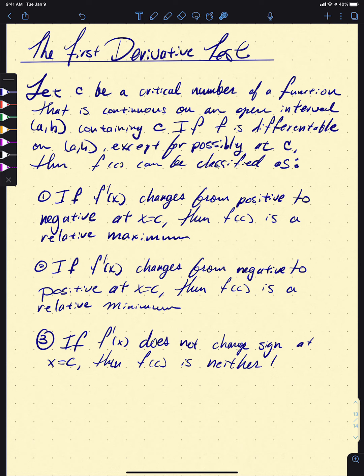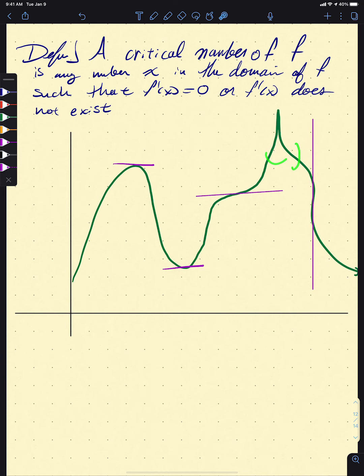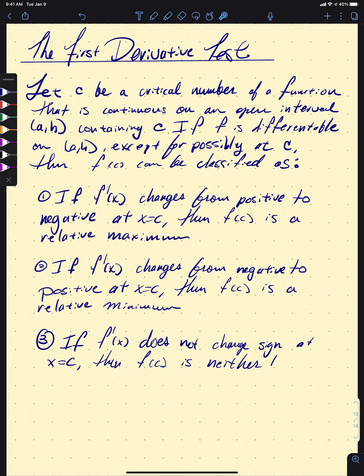If you have some critical number of a function that's continuous in some local neighborhood around it, and it's differentiable on that interval, except for possibly there, right? These are important things to classify the ideas, but they just describe, look, if you can zoom in and it's differentiable around it, then one of three things occurs.